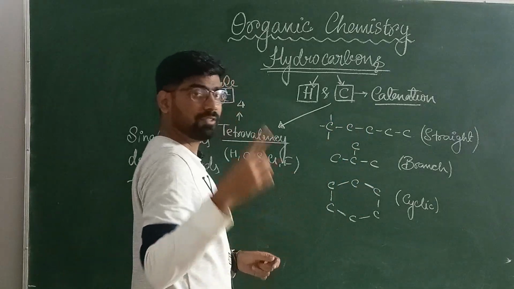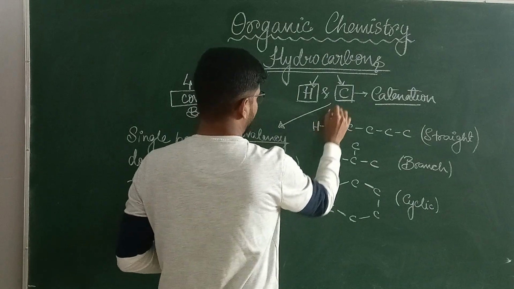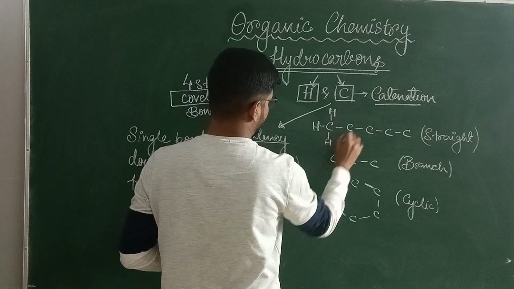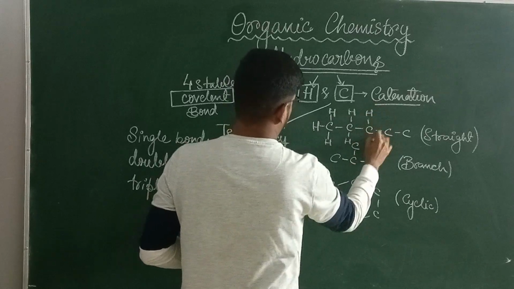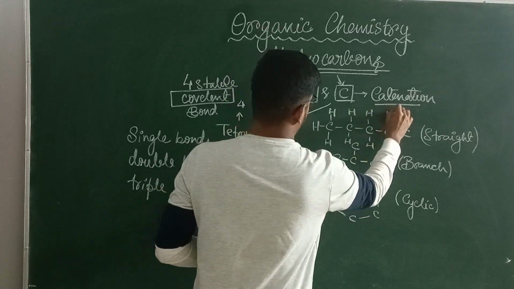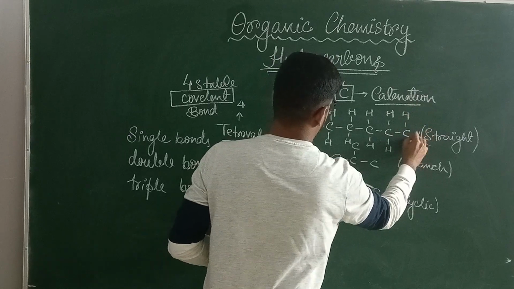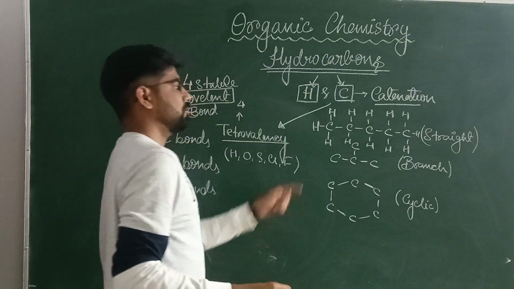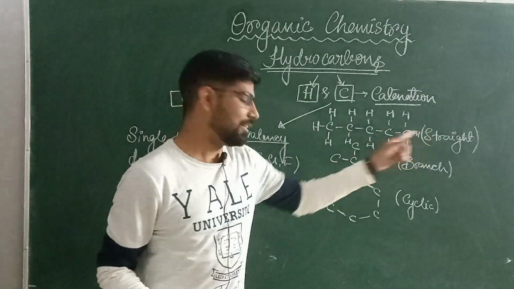Okay. Now since we are studying hydrocarbons, let's put in the hydrogen. So all the carbon has completed its tetravalency and it is showing catenation of a straight chain.